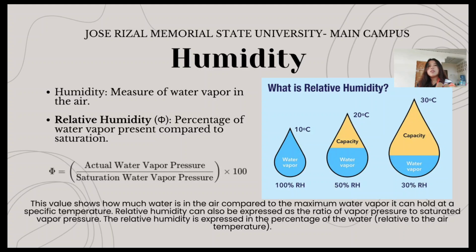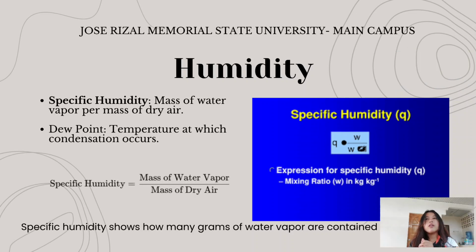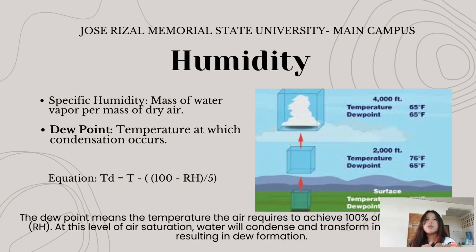And then next we have the specific humidity. This is the mass of water vapor per mass of dry air, typically expressed in grams of water vapor per kilogram of air. And then next we have the dew point.